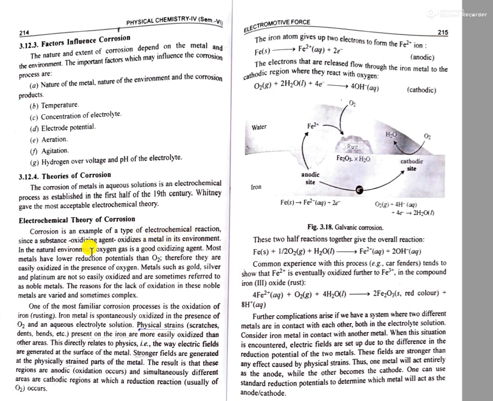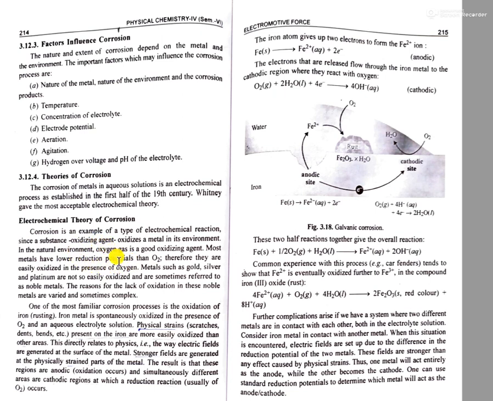In the natural environment, oxygen gas is a good oxidizing agent, and most metals have lower reduction potential than oxygen. Therefore they are easily oxidized in the presence of oxygen. This is the case for metals like iron.